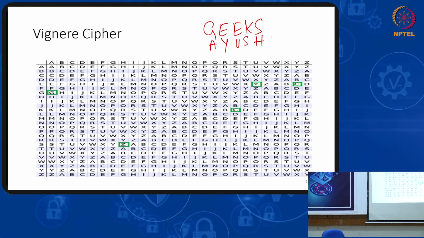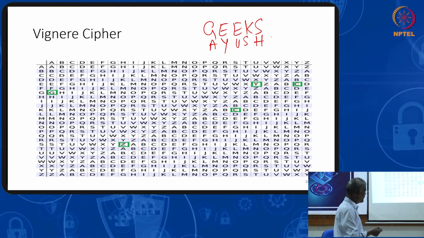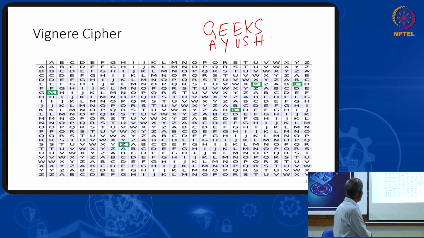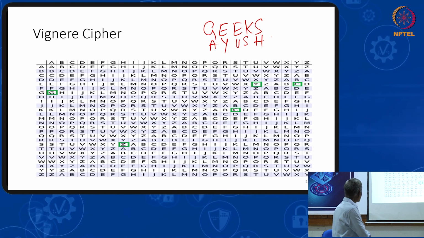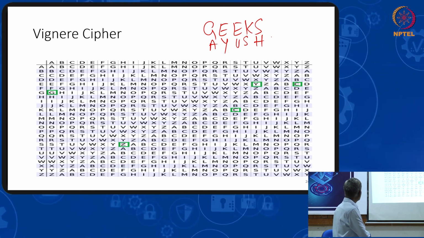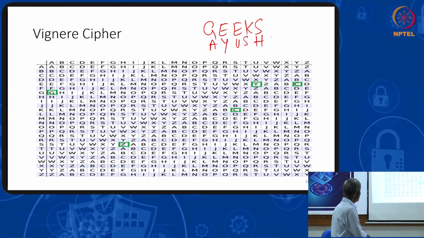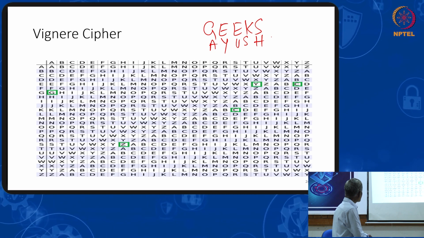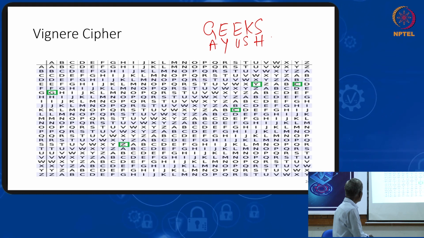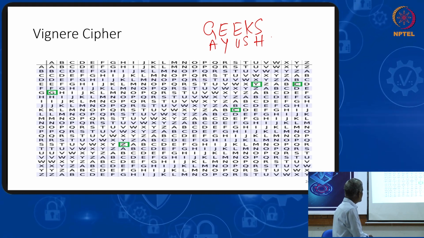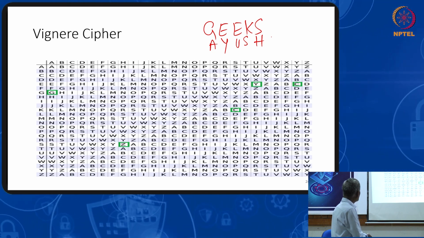Now I have written 5 letters from the plain text and 5 letters from the key. You see the G and A combination. G row, 8th column, what will be the result? G only. Next, E, Y combination. You start from E row and column Y. What is coming? C.